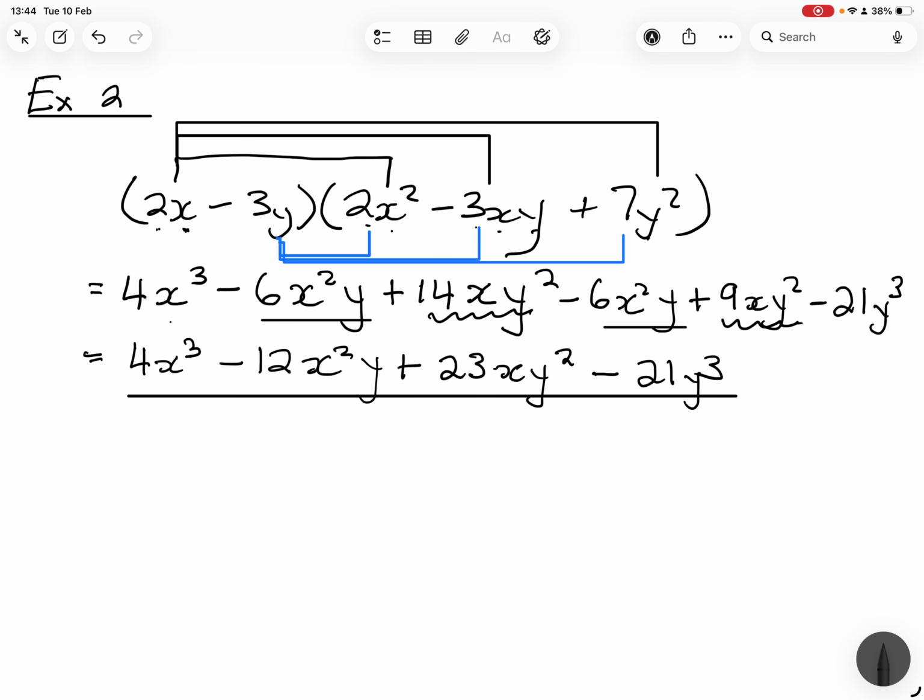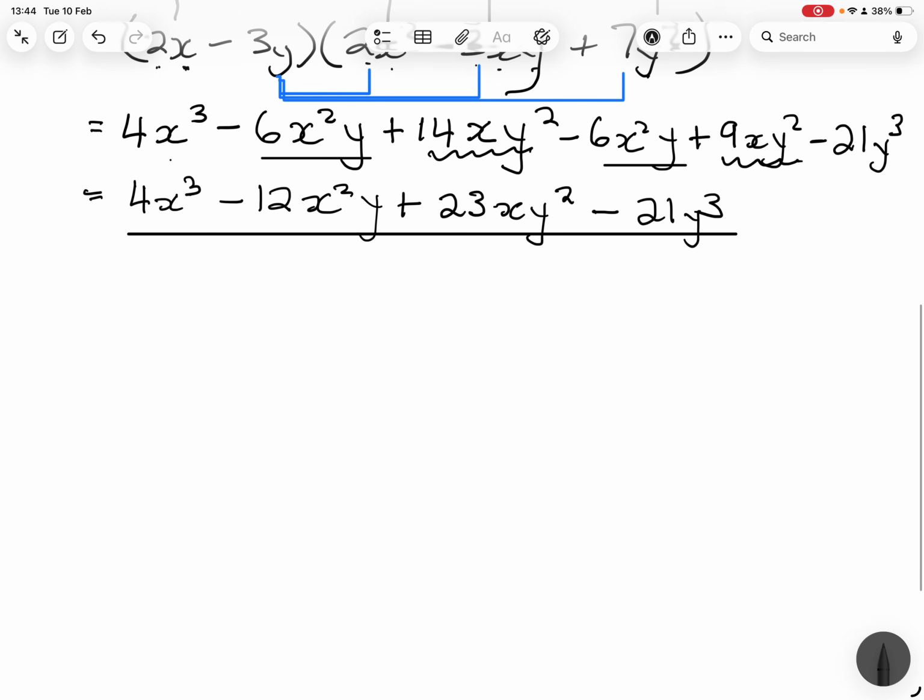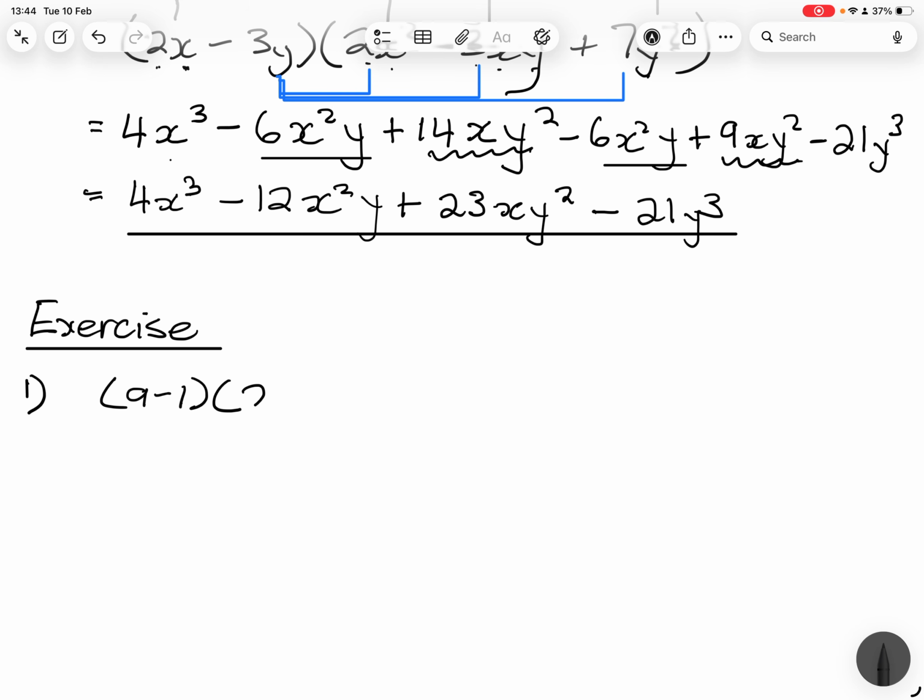So here's what I want you to do for me. Just an exercise that you're going to try on your own. Please try these ones out. So I've got a minus 1 multiplied by 2a squared plus a plus 1. Maybe let's take another one.